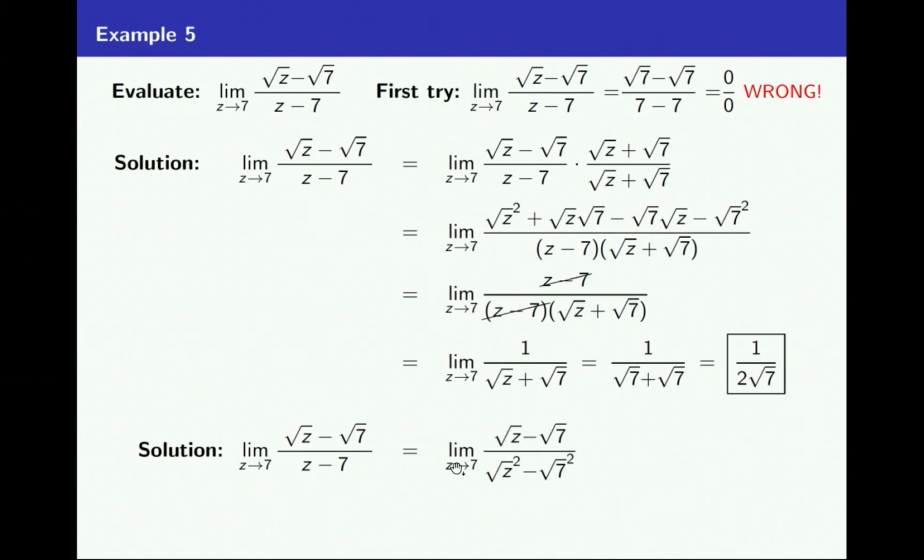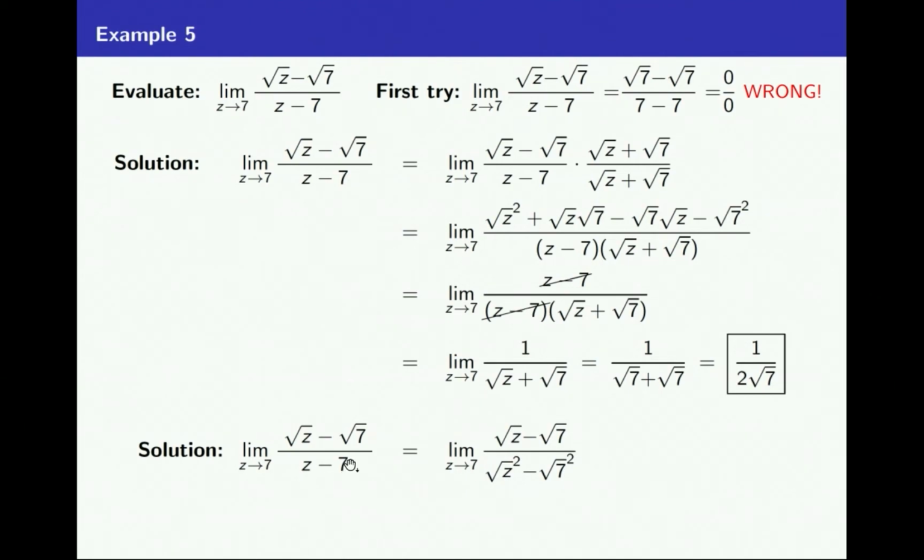So we could write this limit as the limit as z approaches 7 of the square root of z minus the square root of 7 divided by the square root of z squared minus the square root of 7 squared. Now mind you, the square root of 7 squared is just 7, and the square root of z squared is just z.